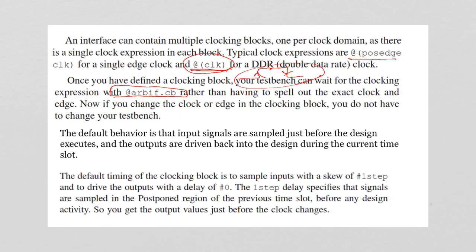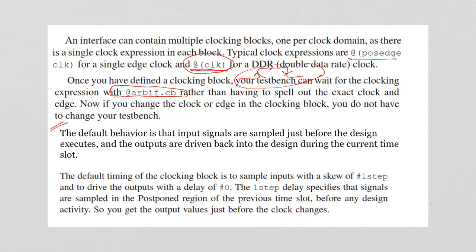We will see how to write the example. So always we refer to the clocking block only, not the actual clock, while writing the code in the test bench, that is the program block. The advantage you get is that if you want to change the clock edge, you simply change it in the clocking block and everywhere it automatically changes. That's the advantage you get. So this is very important: the characteristics of clocking block.